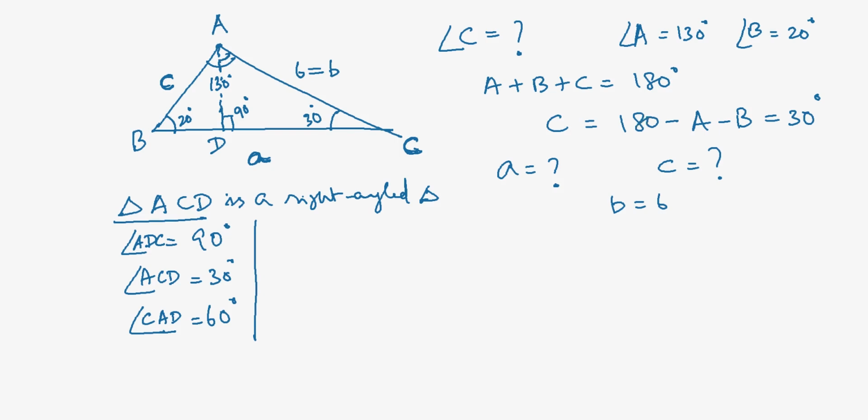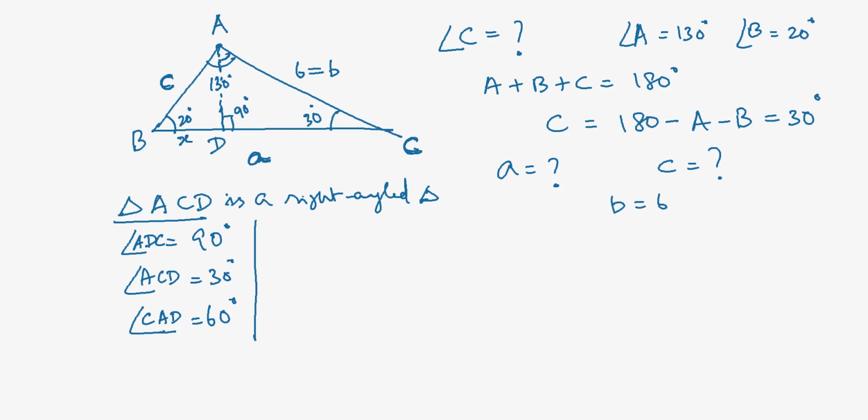But as we made it a right angle triangle, we have some advantage. We separated the BC side of the triangle into BD plus DC.